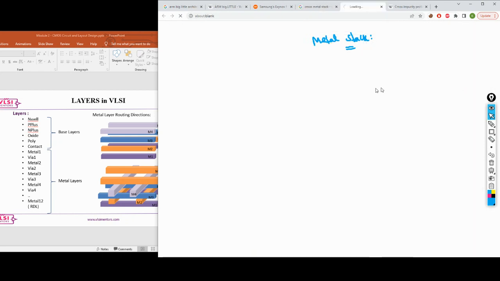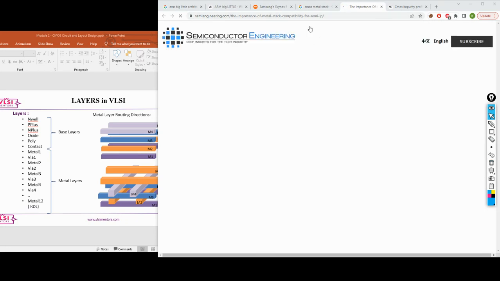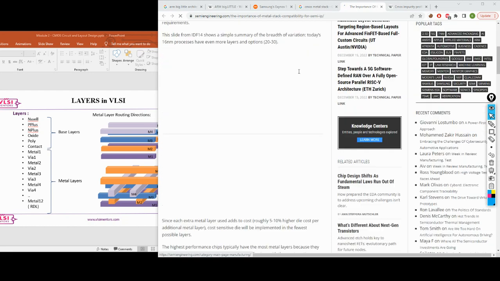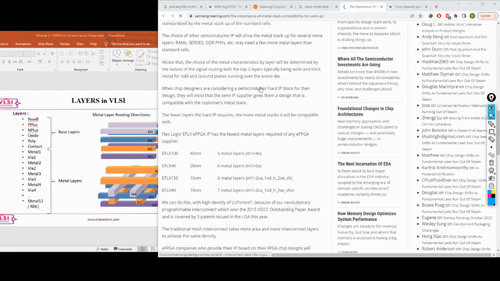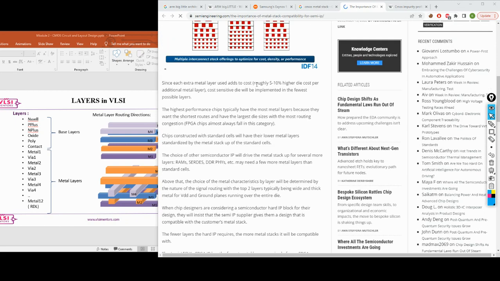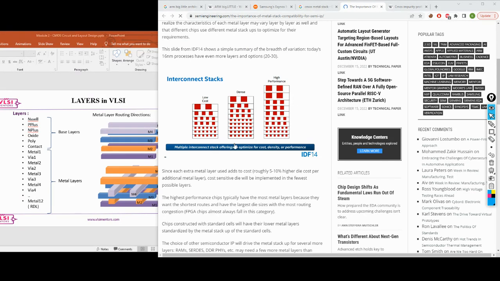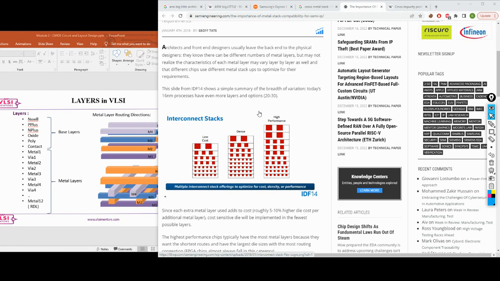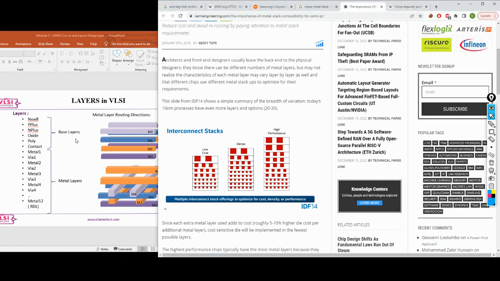If you go through this particular website, you will get the whole answer for the homework that I gave you. There is something called metal stack, with lower metals and higher metals. Among them, there are different layers which have different resistance. So here you go. This picture would give you the whole answer for the question that I gave you.